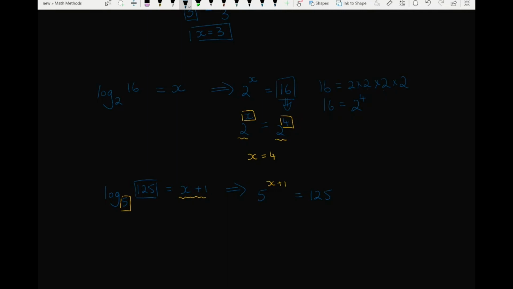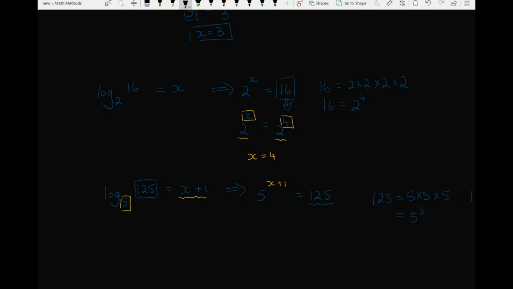So now again, the next step, let's rewrite 125 in terms of 5 to the power of something. So we know that 125 is the same as 5 times 5 times 5, because 5 times 5 is 25, 25 times 5 is 125, which is the same as 5 to the power of 3.